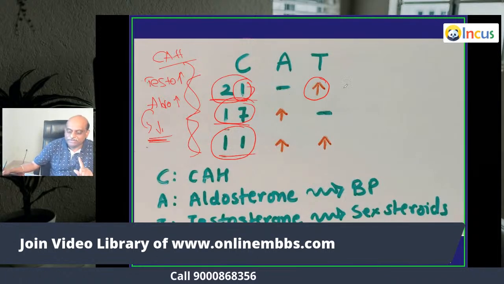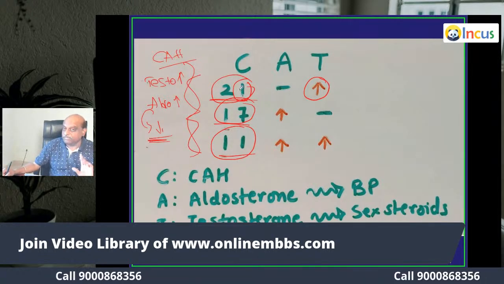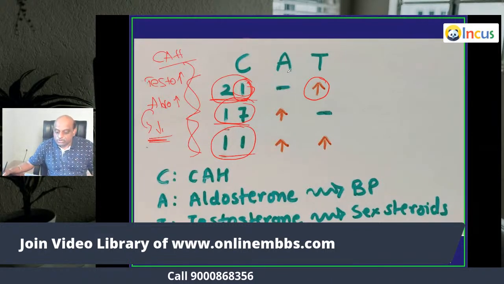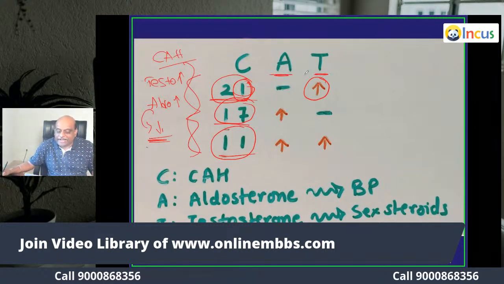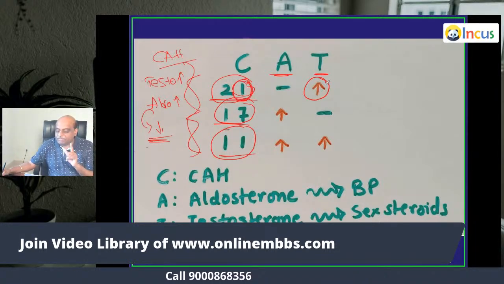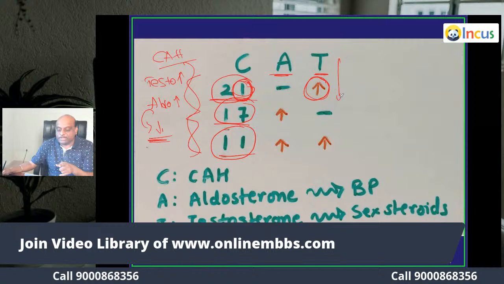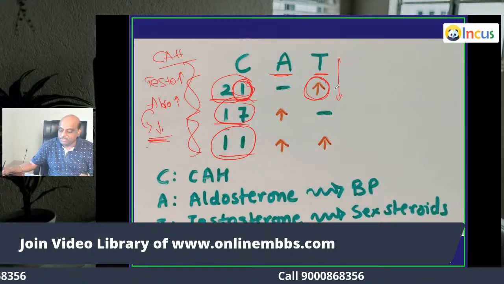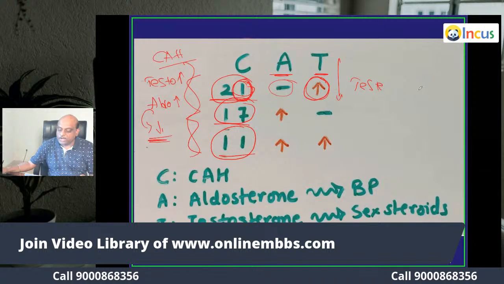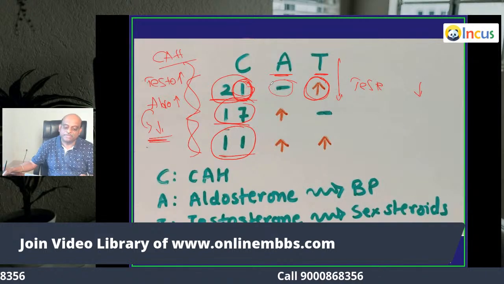In 21, wherever 1 is there, that is elevated. So you write A, T, cat. So in 21, 1 is coming under T. So testosterone is elevated, but mineralocorticoid is decreased.